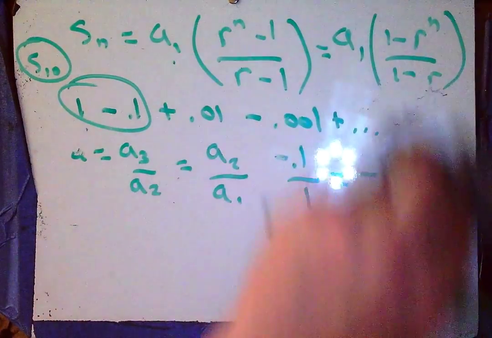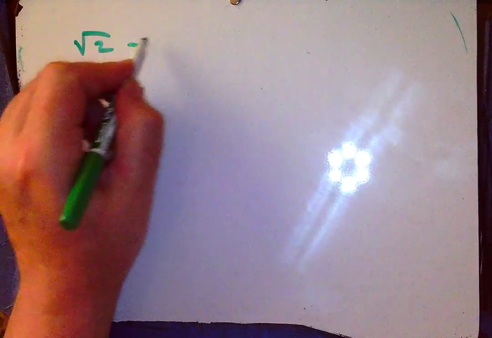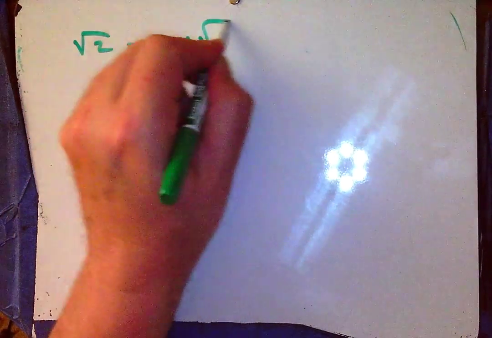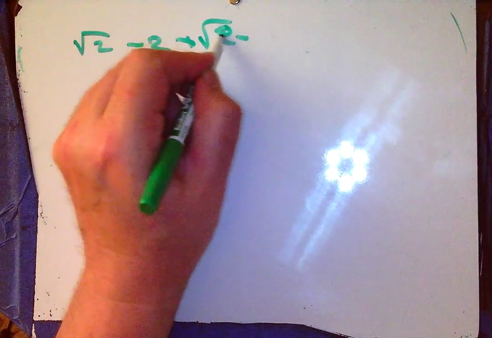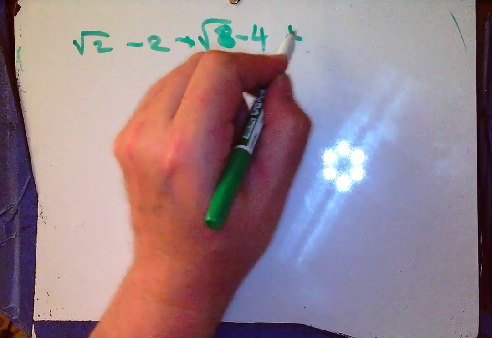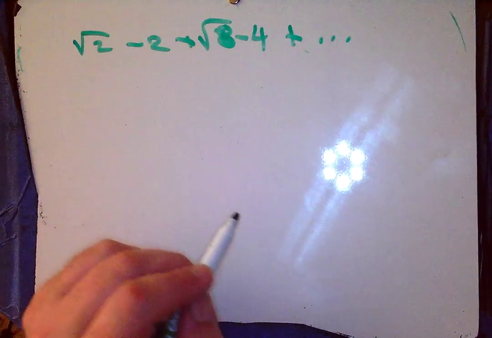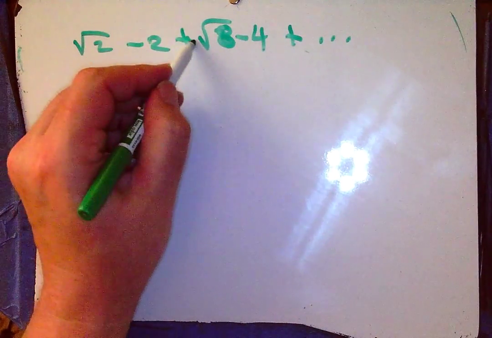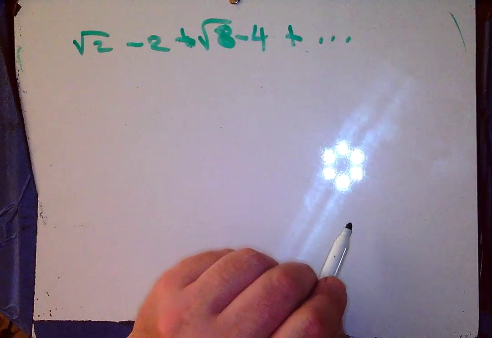Okay, and what would we do with something like this one? Square root of 2 minus 2 plus root 8 minus 4 plus, and so on. All right.